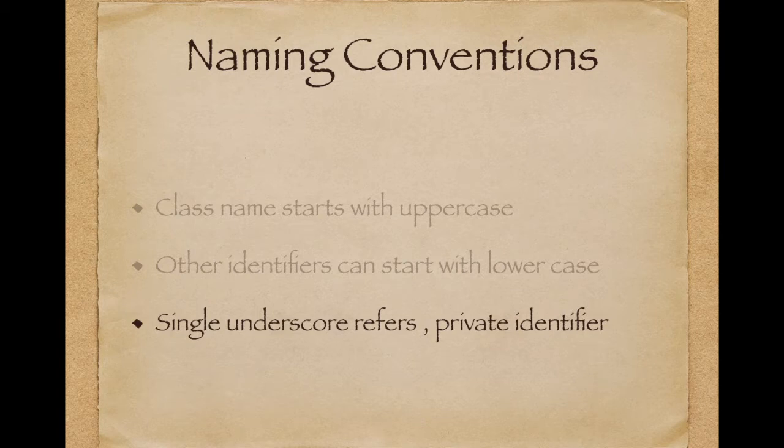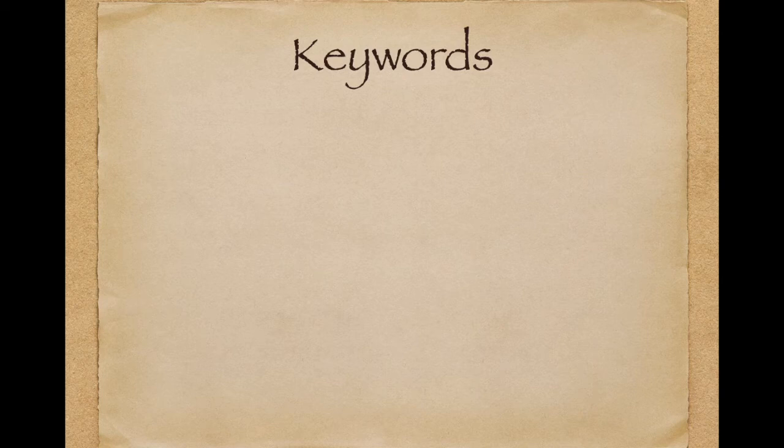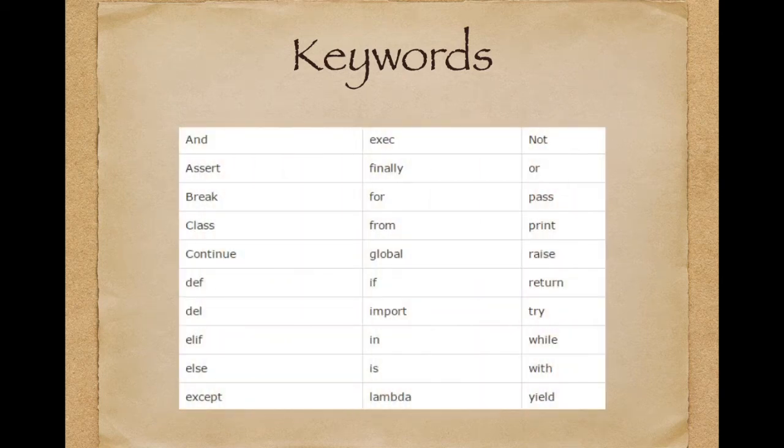If you start any identifier with a single underscore, that is indicated as a private identifier. So these are the simple conventions to be followed for naming a variable, a class name, or any identifier. And keywords are a list of words that every programming language has, and Python does too.